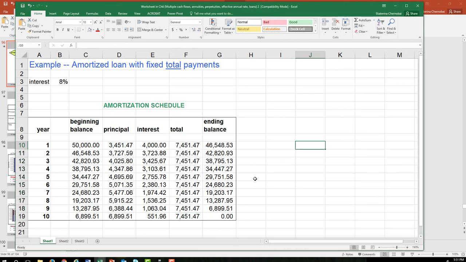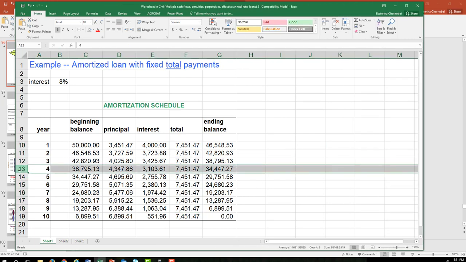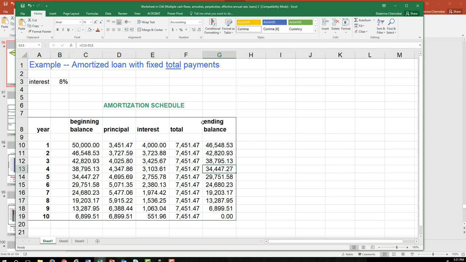So where is the answer? Year 4. At the end of year 4, we are making the last payment to the bank, right? What's the balloon payment? Here it is, $34,447.27. That's nothing but the ending balance for year 4.